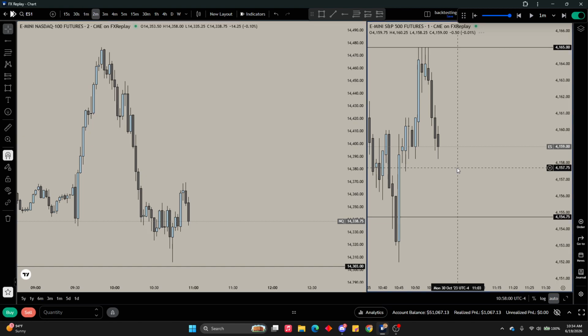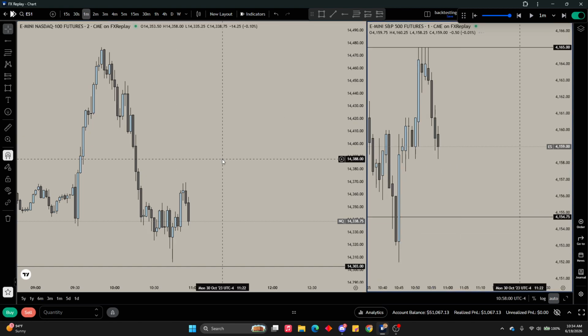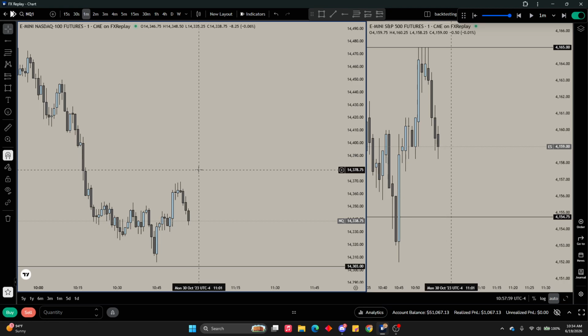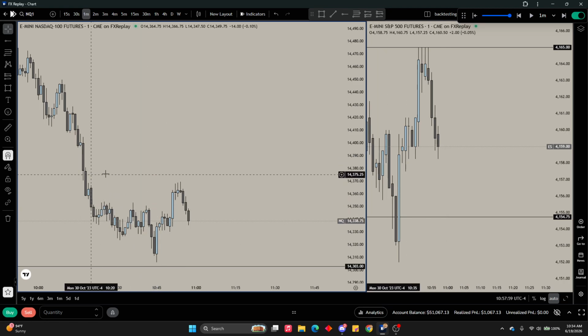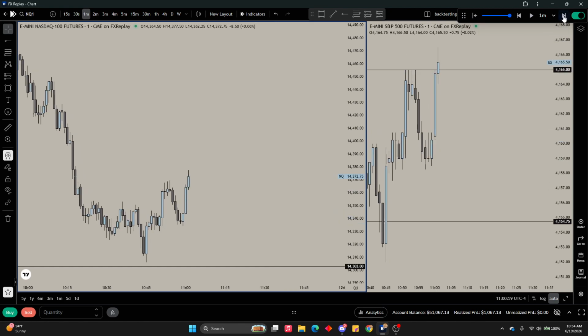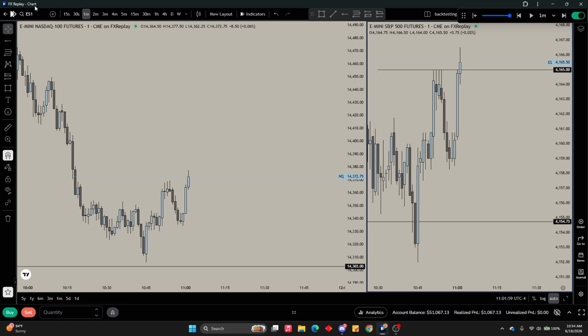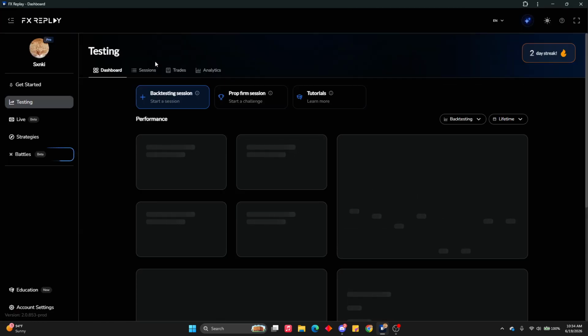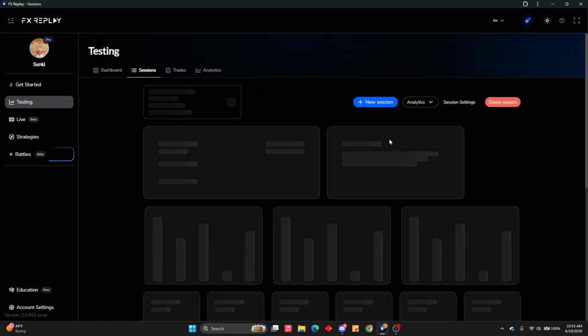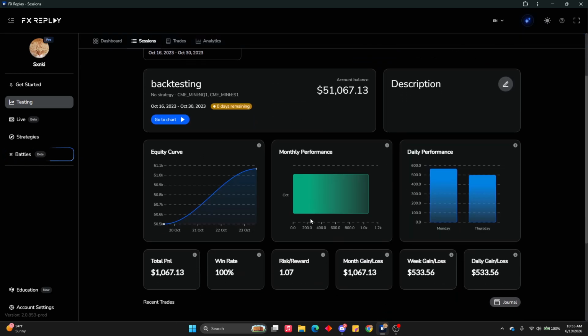It's also just end of session, lower probability on a Monday. I mean, we just chopped for almost an hour. Yep, that's exactly why I would have gotten stopped out, because of that 30-minute.